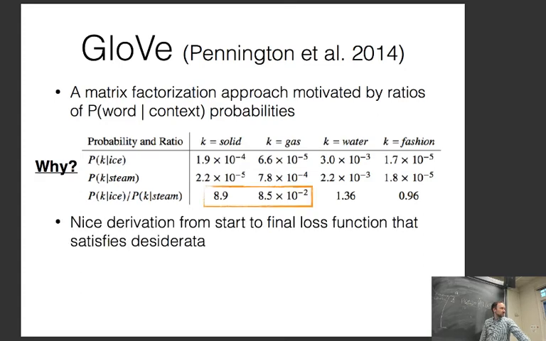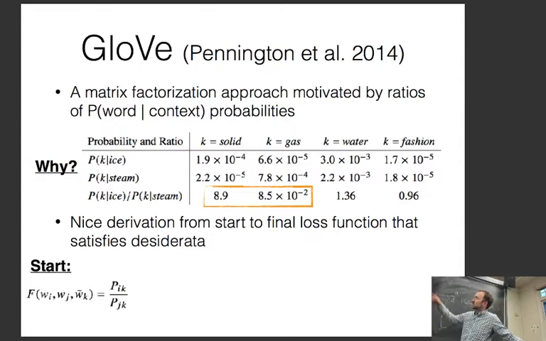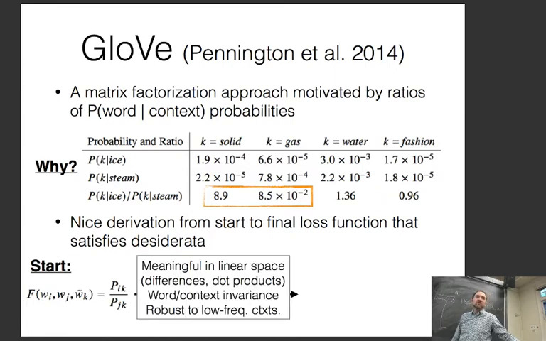And they have a very nice derivation from this starting point. Their starting point is these probability ratios, and then they have a whole bunch of things that they want this objective to satisfy, like being meaningful in linear space, so you get the nice linear relationships like king, queen, etc. And that you can take dot products, and that there's invariance between the vectors in the word and the context, which is something word2vec, for example, doesn't have.